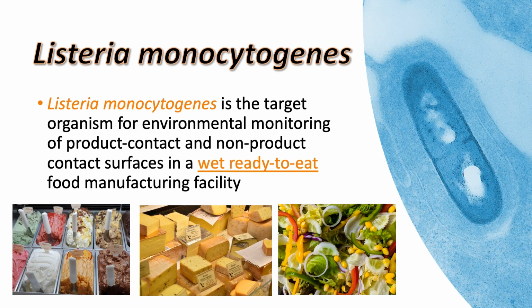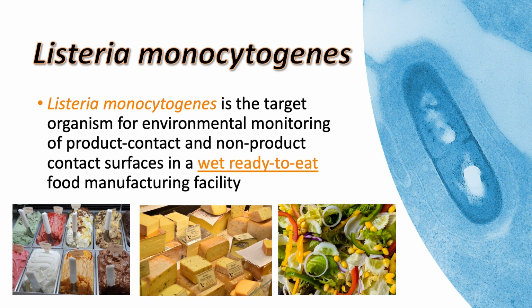FDA has identified specific pathogens of concern for environmental contamination based on a history of foodborne outbreaks and product recalls. The ability for a pathogen to establish in a facility is related to the presence of moisture, adequate nutrients, and an appropriate temperature.